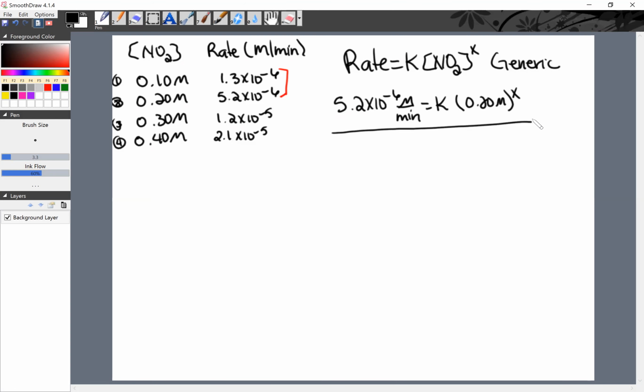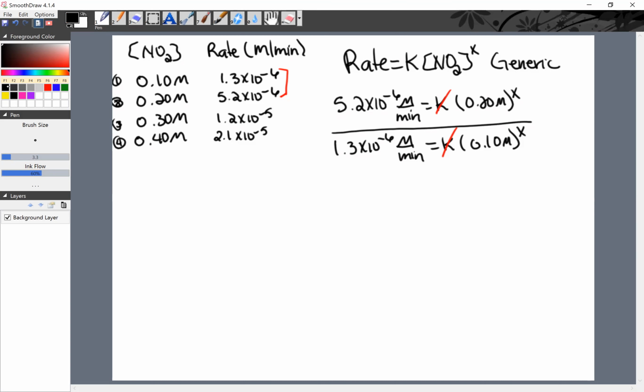And so 1.3 times 10 to the minus 6 molarity per minute is equal to k times 0.10 molarity to the x. Now the reason I did this is look, I originally had two variables and now I'm down to one variable, and I will solve this problem.